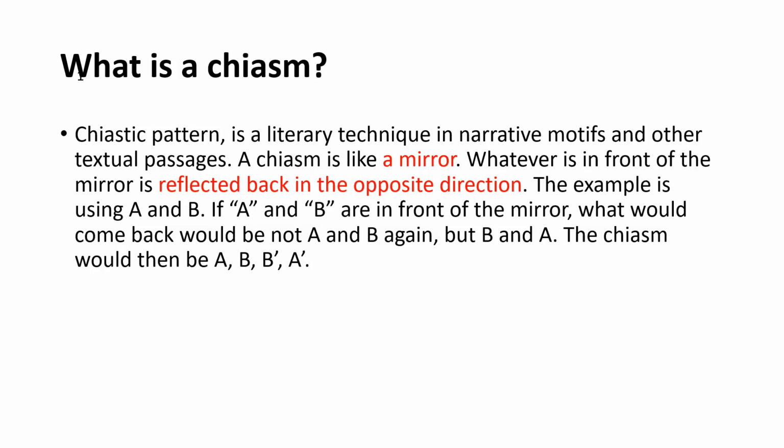If you write A and B and put a mirror in between, what you are going to see in the mirror is not A and B, but you start to see B, then A. So it will be like a flip over. The things on the first side will be flipped on the second side. So that's basically what a chiasm is. Hope it explains well what I'm trying to do here. So let's move forward.